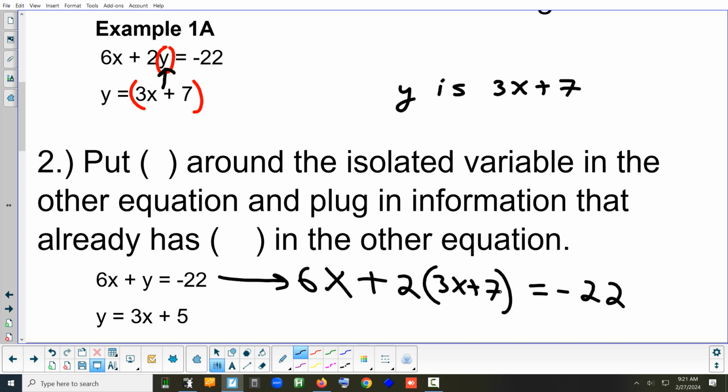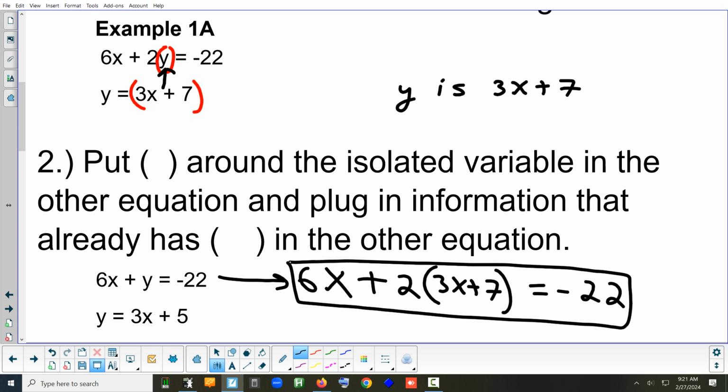That's it. That's substitution. Now, if you look at this equation we just wrote down, how many different letters do you see there? Just one. What's the letter then?